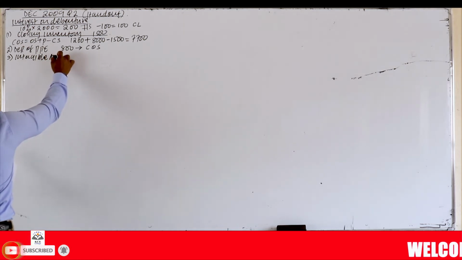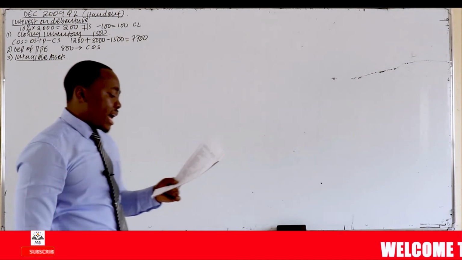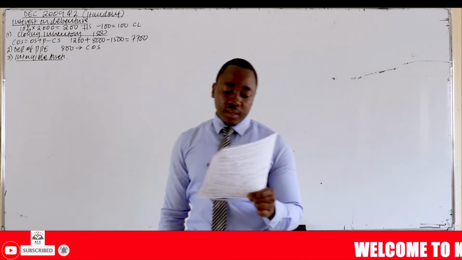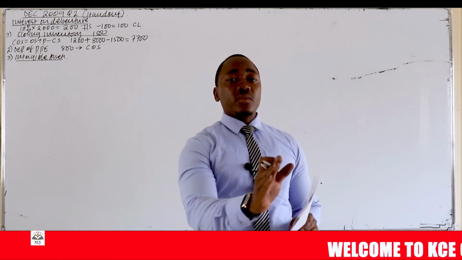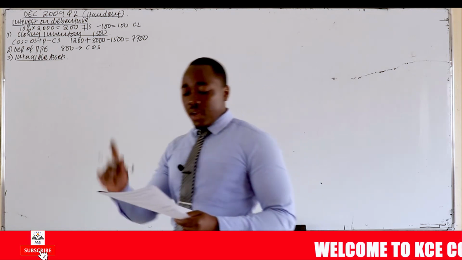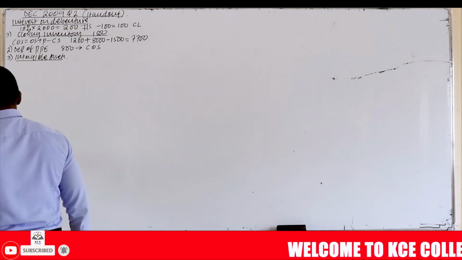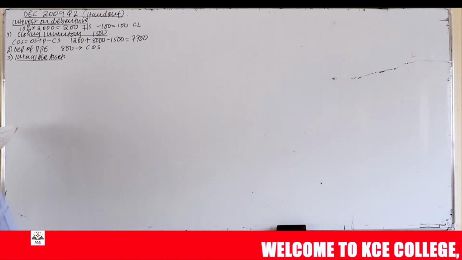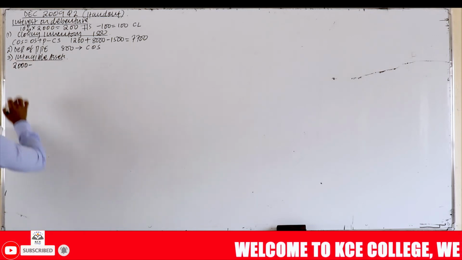Number three, we have intangible assets. Intangible assets are to be revalued to 1,800 million. So how do we determine the revaluation gain or loss? You compare the carrying amount against the revalued amount. Now let's go to the trial balance. How much was the value of the intangible assets? Intangible assets is the third item in the trial balance: 2,000.